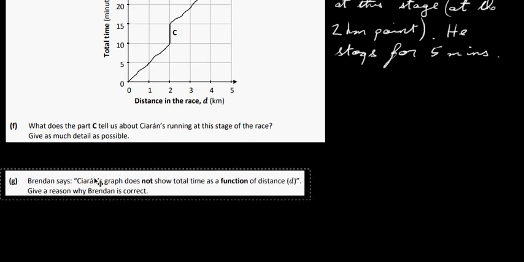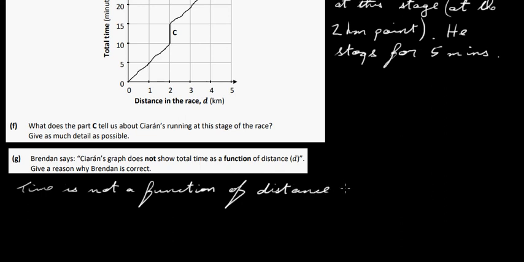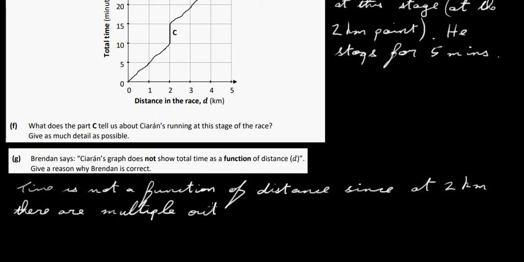So the reason for this, let me just move this up and I'll just write down something here. Okay, so time is not a function of distance, since at 2 kilometers there are multiple outputs or times.